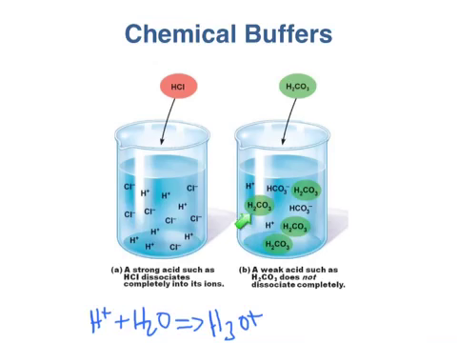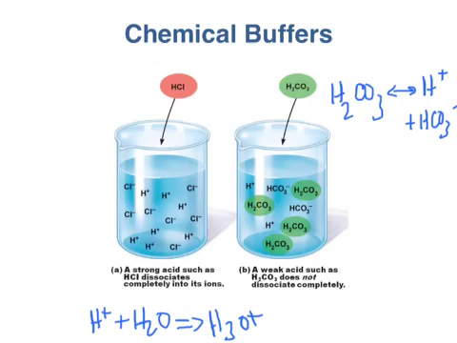So a lot of the hydrogen in that carbonic acid stays bound up, not available to form hydronium ions. So you have this dissociation equilibrium where you have carbonic acid in equilibrium with hydrogen ions plus bicarbonate. Okay?